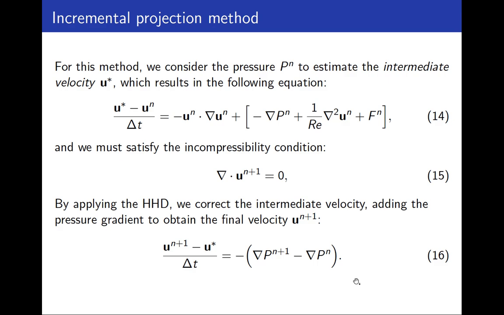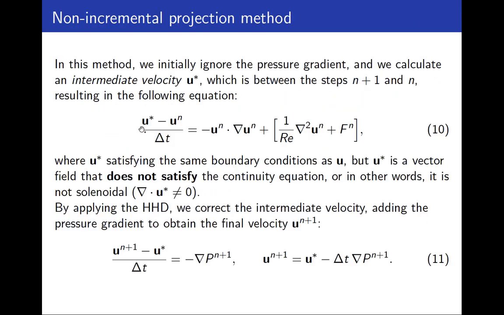Now, the incremental projection method. The main difference compared to the non-incremental projection method is that we will consider the value of the pressure at the current time, or the old state, to estimate the intermediate velocity u star.